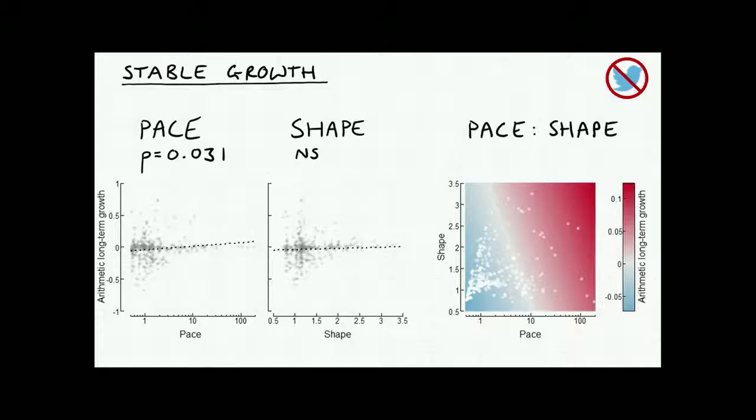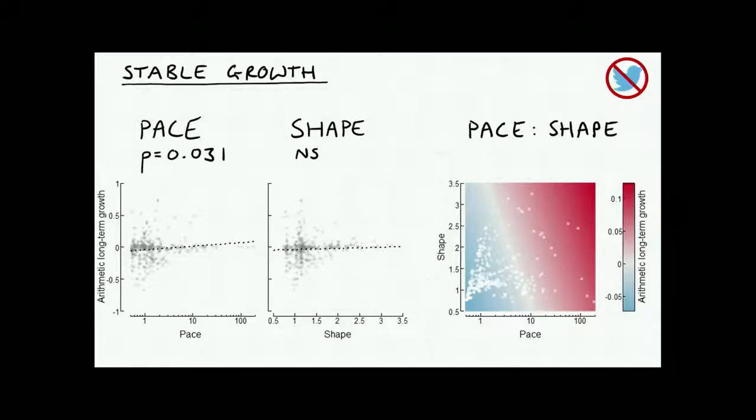We can see that there's not much going on for stable growth. There's a slight and significant increase for pace. So long-lived organisms are very slightly more likely to have a higher fitness in stable environments. This could make sense if you think about selection, because they want to invest in their survival in stable environments. There's nothing really going on with shape.